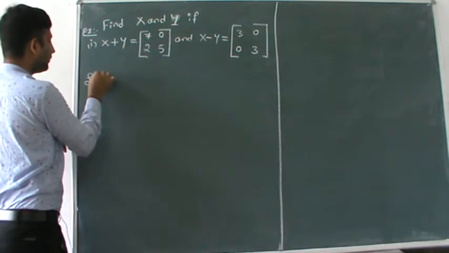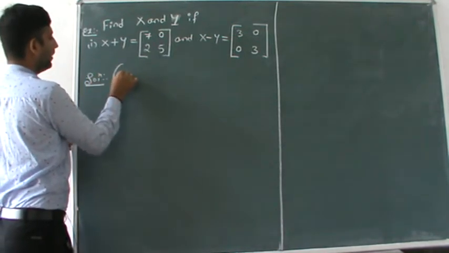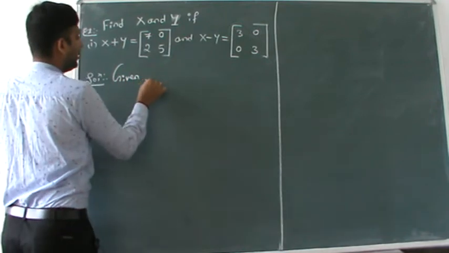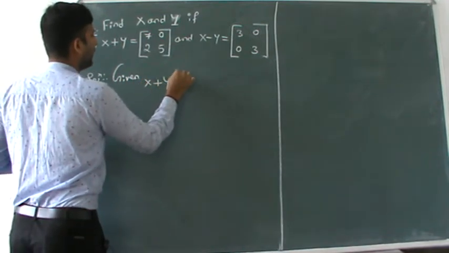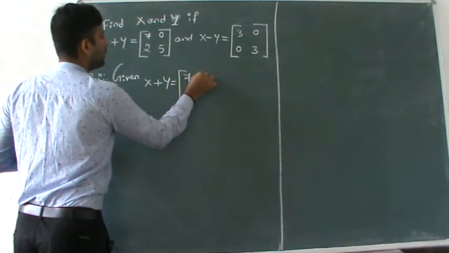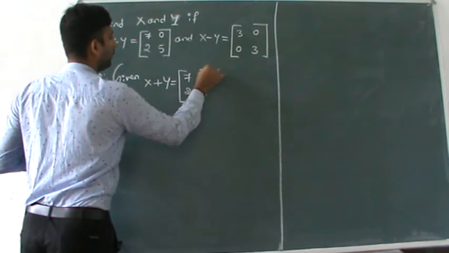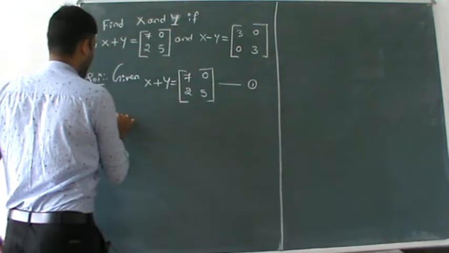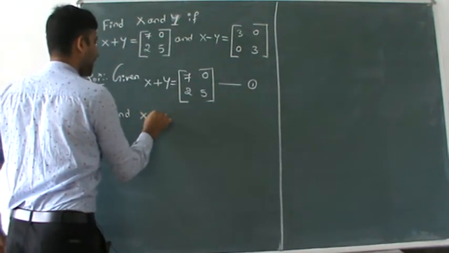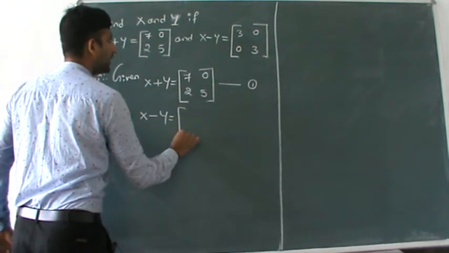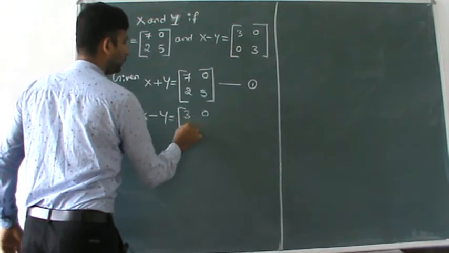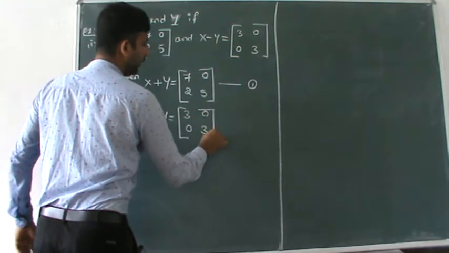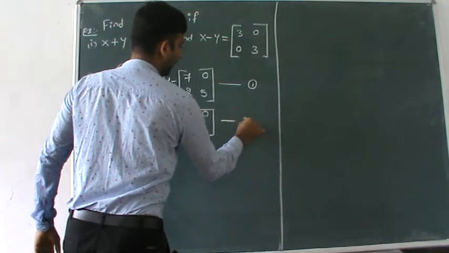Solution. First you write it as given. X plus y is equal to the matrix [7 0; 2 5]. You call it equation number 1. And x minus y is taken to be [3 0; 0 3]. You call this equation number 2.